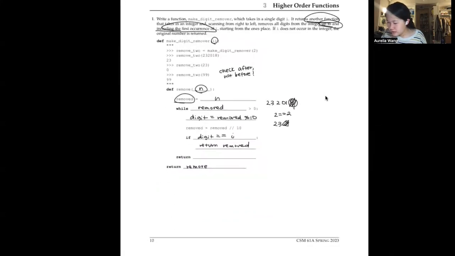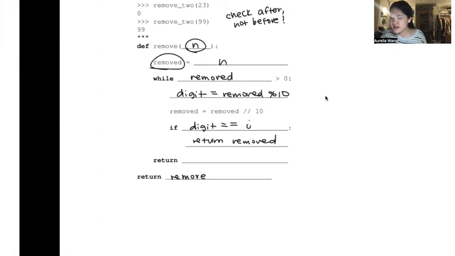Okay. And of course, there are other ways to do this. You can maybe return the removed floor division 10 instead if you don't want to check after. That is another option, but the way that this problem is structured is kind of hinting that we remove first and then we check.